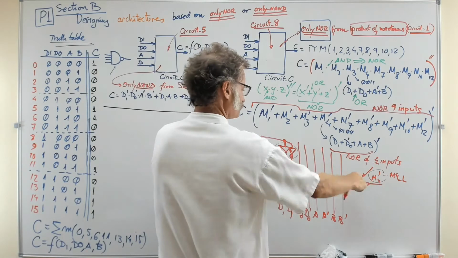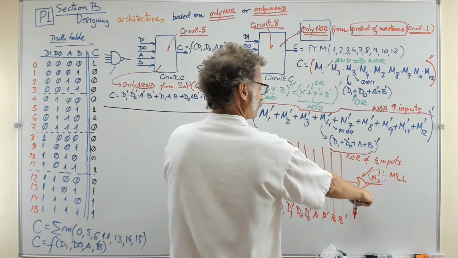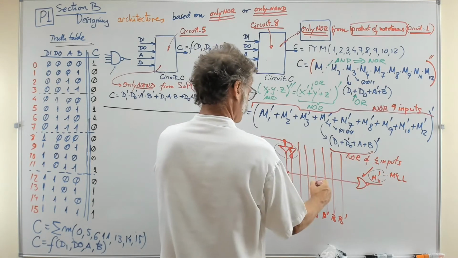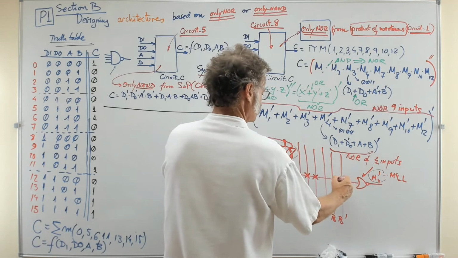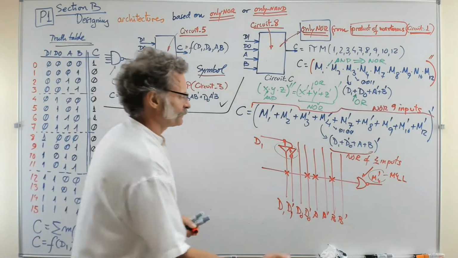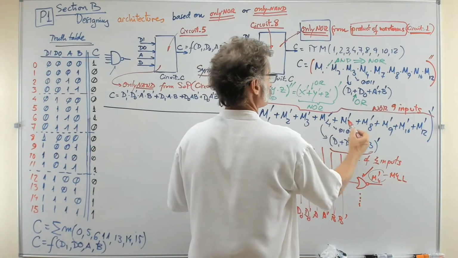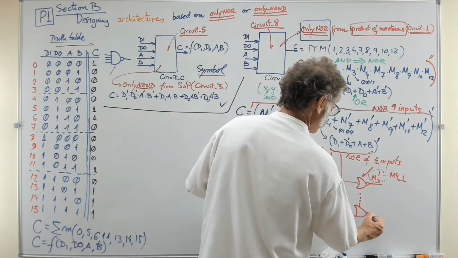So what is going to be this equation here? So the maxterm 4 is D1, D0 not, A and B, right? 4 input NOR. And you have all of them, 1, 2, 3, 4, 5, 6, 7, 8, 9. You have 9 terms the same way, okay?